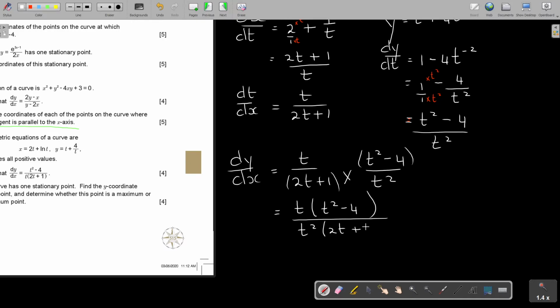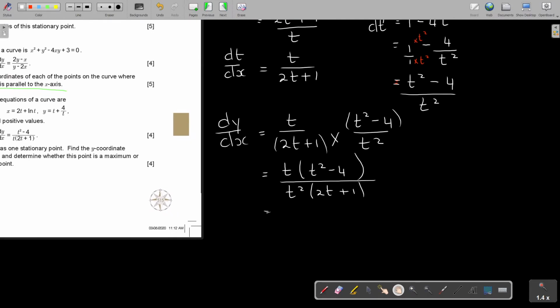I wrote it like this so that you can see it's just going to be t times t squared minus 4 over t squared times 2t plus 1. But can you see that one of the t's can cancel out? So it's going to be t squared minus 4 over t times 2t plus 1.